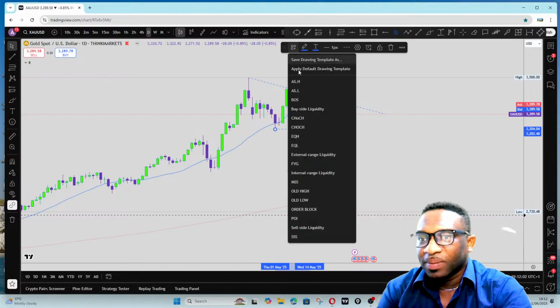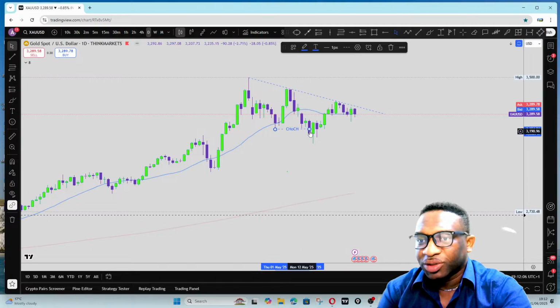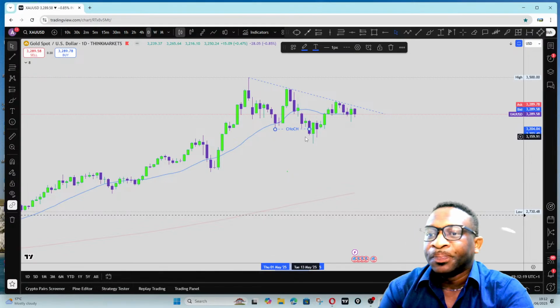This was a change of character, because we were going up and then price turned round, breaking below this previous low. That makes it a change of character.